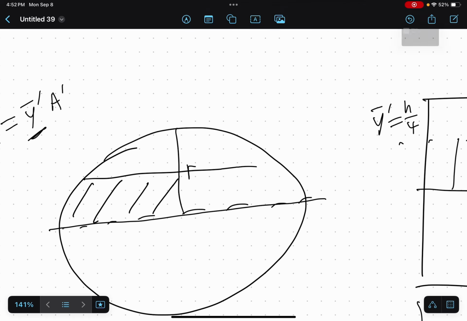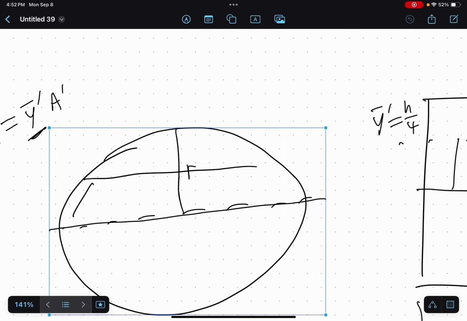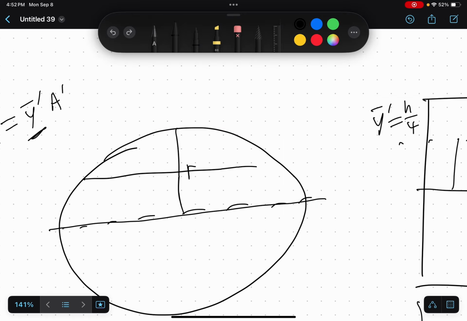So this y prime is the line that completely divides the circle by weight, I guess. So in this case, for a circle, it is 4r over 3 pi. That's not r, that's y prime.